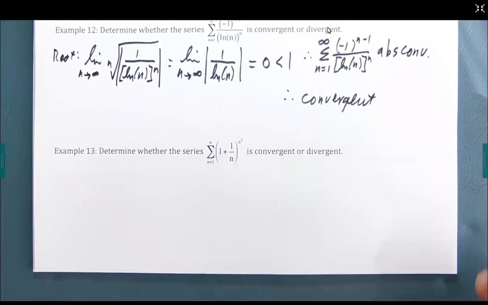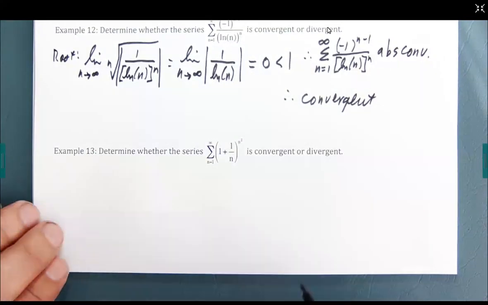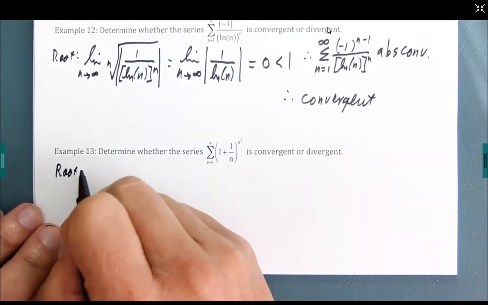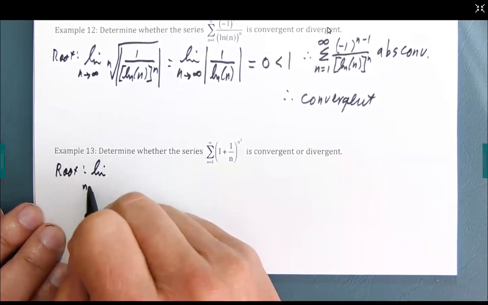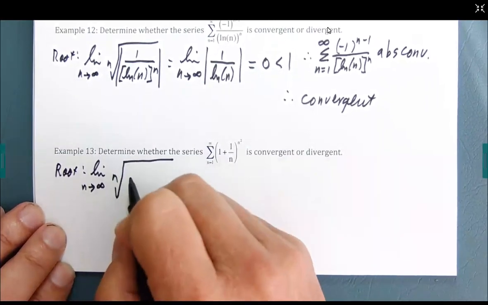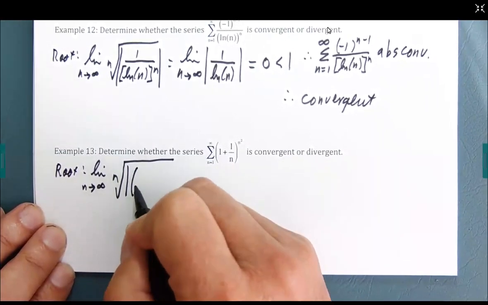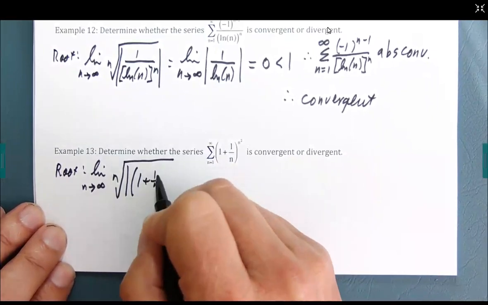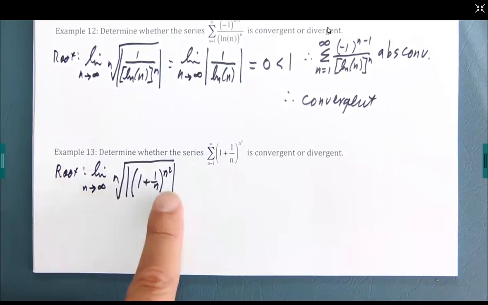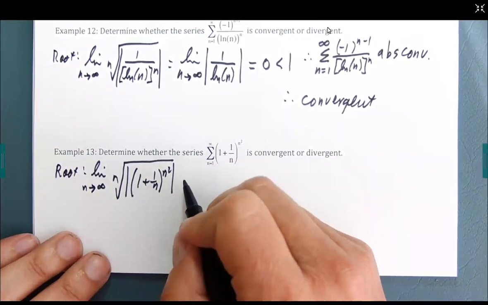All right, this last part, we're going to use the root test. You can see the n squared there. And that nth root is going to get rid of one of those, not both of them, but one of them.